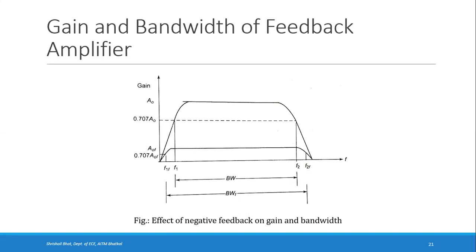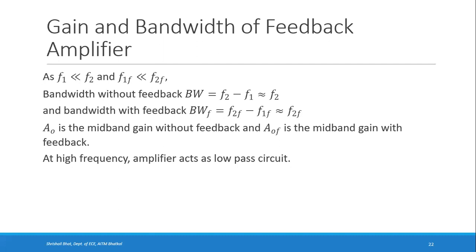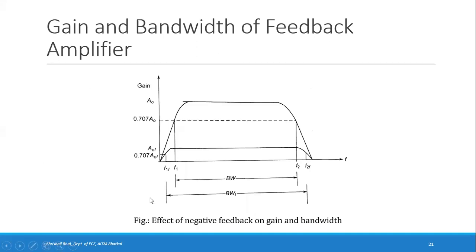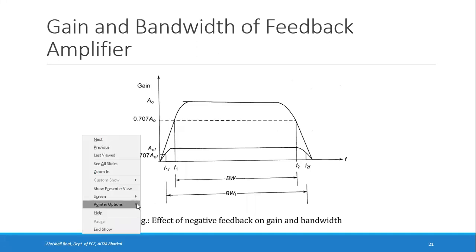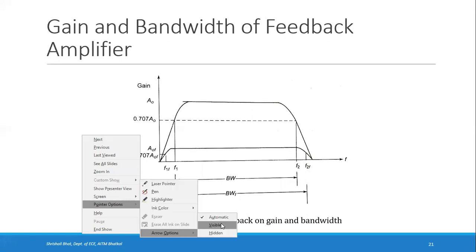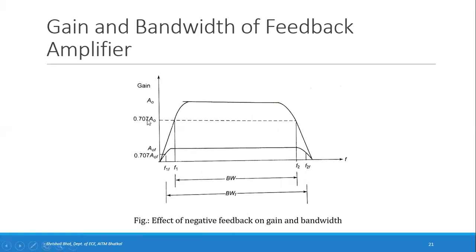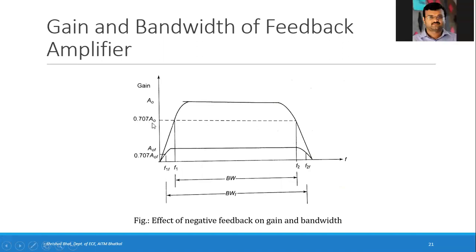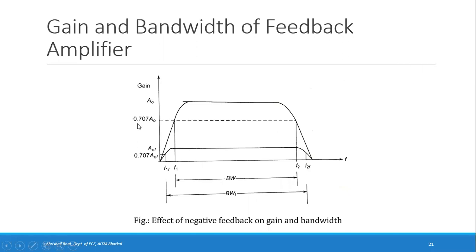That 1 divided by root 2 is 0.707. So we multiply 0.707 into A naught, and it will come to almost 70.7%.